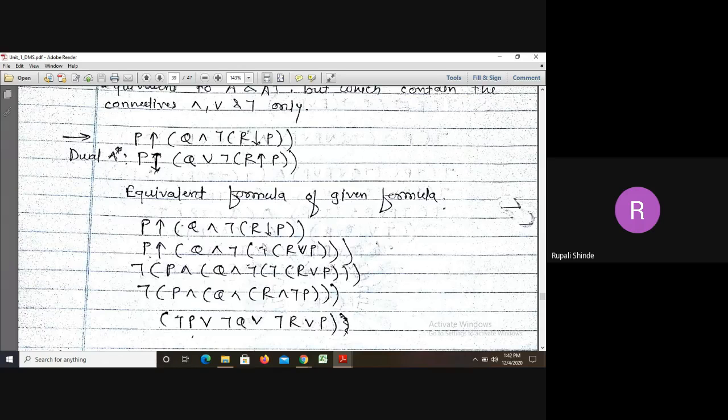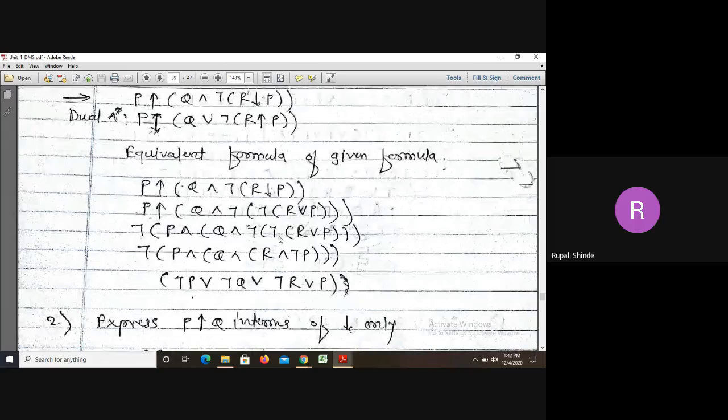This NOR can be written as negation of R or P. So this term becomes P NAND Q and negation of negation R or P. Again, we have to solve this NAND as negation of P and this whole term, which we have written here.